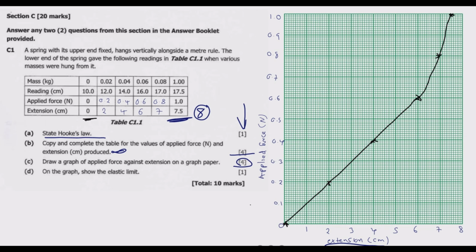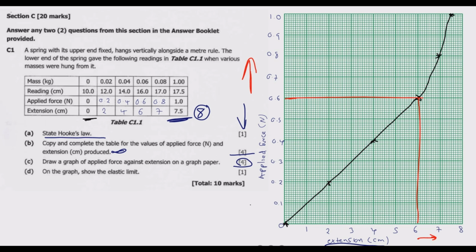You notice exactly on the graph, it is when we reach this point. After this point, the proportionality is no longer obeyed, because despite increasing the applied force, the spring will not extend in proportion.